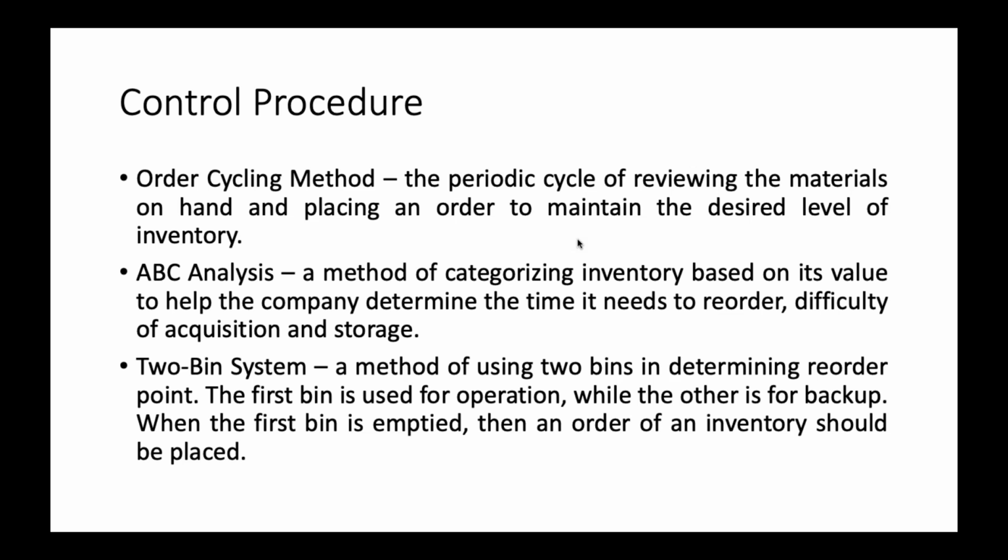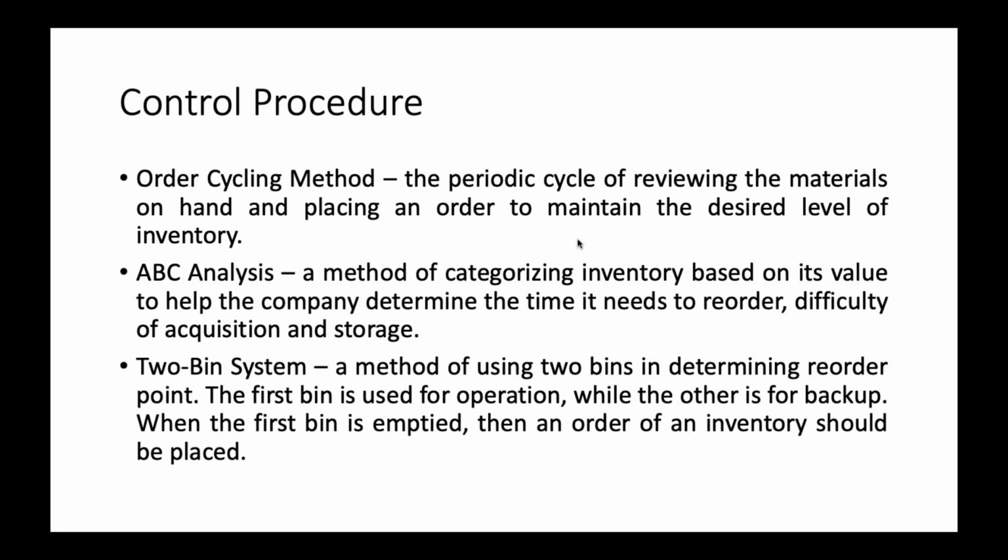So what is the order cycling method? The periodic cycle of reviewing the materials on hand and placing an order to maintain the desired level of inventory. ABC analysis is also a control procedure where you categorize your inventory based on its value so that you could determine the time it needs to reorder and the difficulty of acquisition and storage.